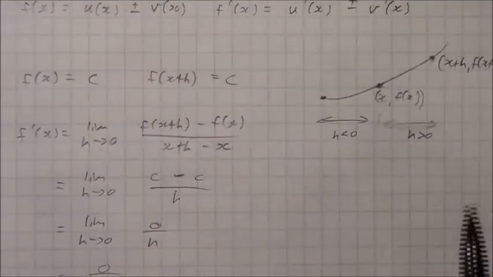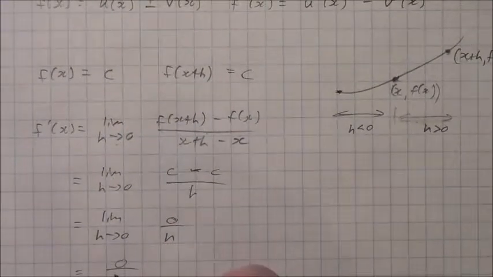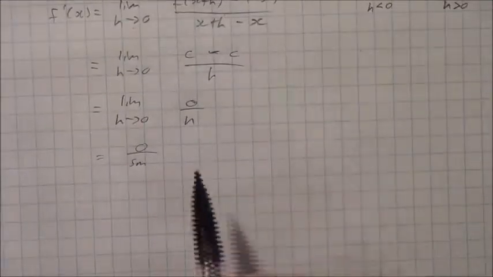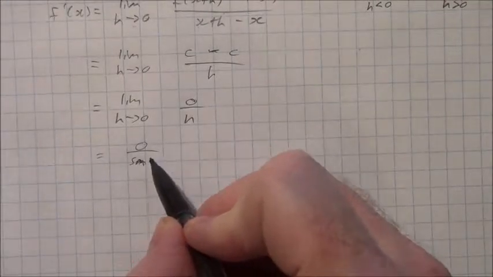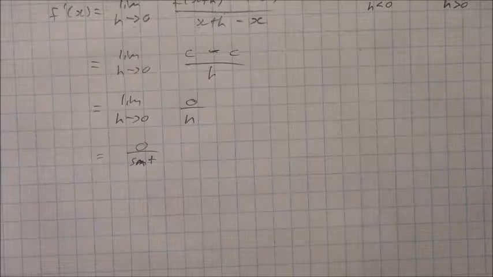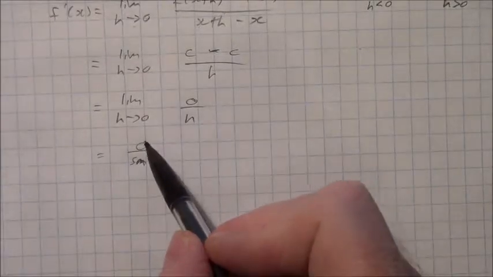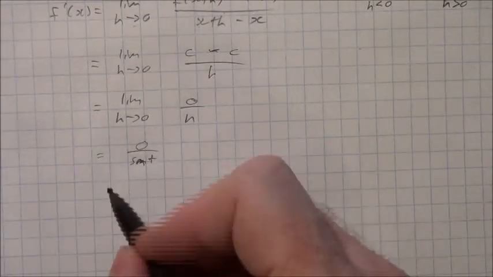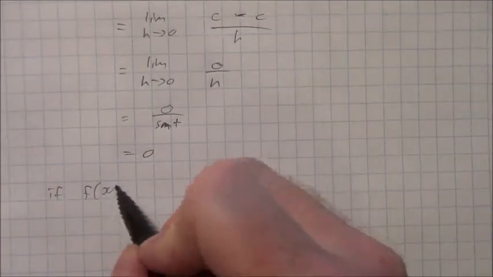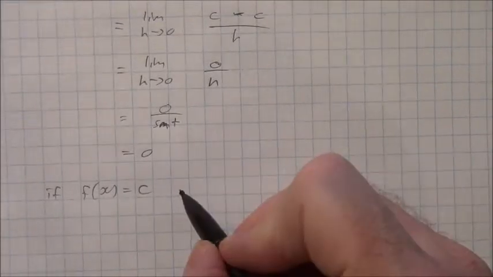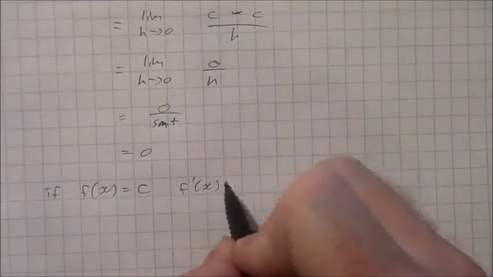So either way, we've got a very, very small number here. Very, very small, that's my short form, small positive value, or it could be small negative, but either way, if you're dividing 0 by anything, you just get 0. So therefore, if f of x is a constant, then f prime of x is going to be 0.